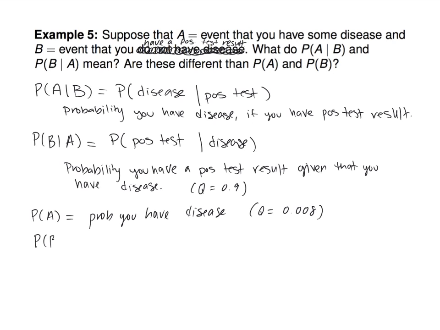And P of B, that is the probability of positive test. And that one I don't know if I specified that well enough in the previous question, but are these things actually different? Does it make sense that P of A given B is different than P of A? That if you have a positive test, this probability will be different than the probability you actually just have the disease. So knowing that thing might change it.